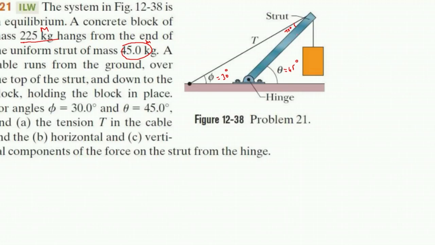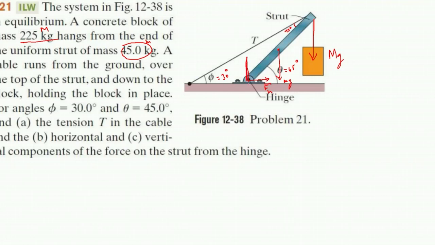So here, this is my beam. Let's do a free body diagram on the beam. Of course, I will have the weight of the beam, which is small mg, small m being 45. And here I will have the weight of the block, capital Mg. Here it's hinged, so I have a horizontal component of my force, and then the vertical component here, which is a normal force, by the way.